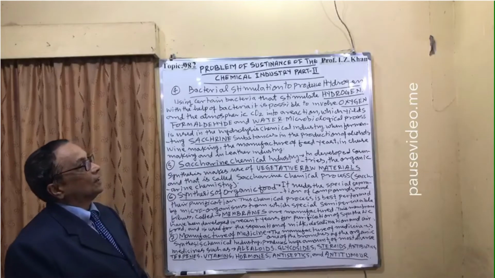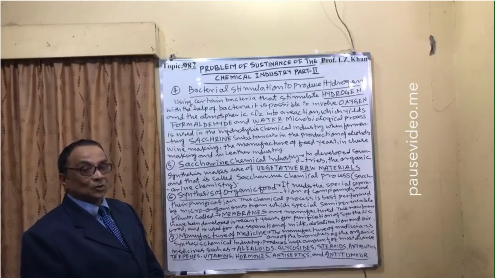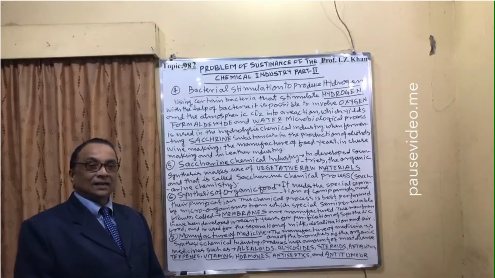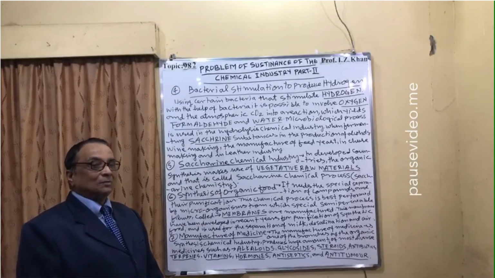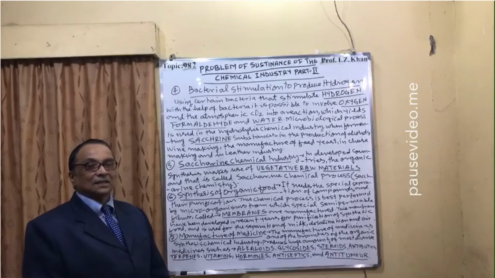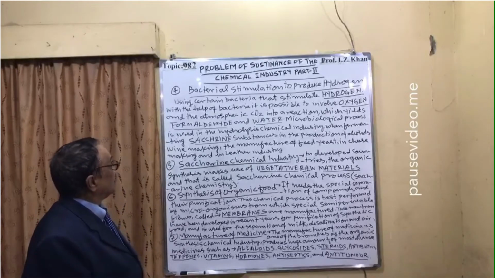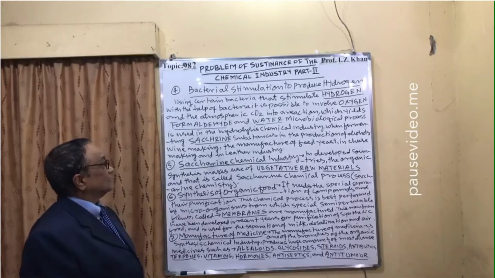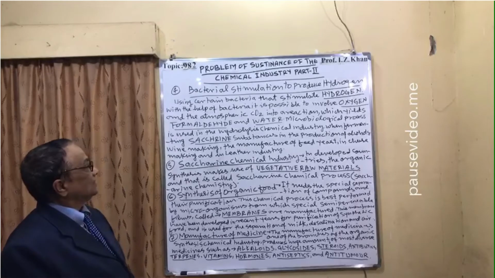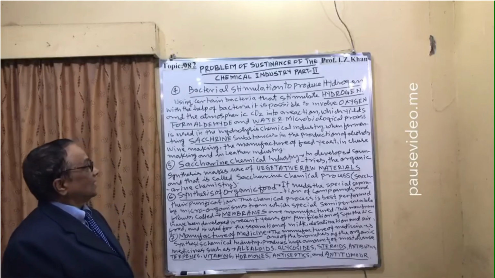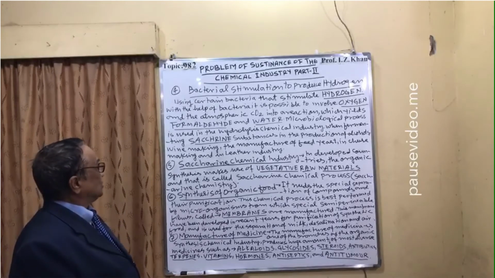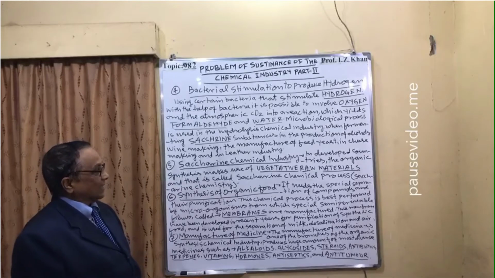So with the help of bacteria we are able to produce the hydrogen, and that hydrogen will combine with the oxygen that is in the atmosphere. CO2 is present, and after the reaction these products are formed, formaldehyde and water.